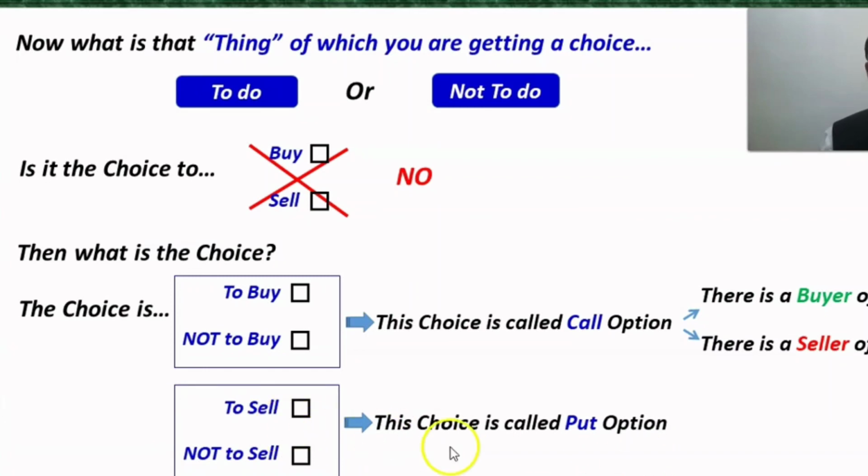And again, if this choice is being traded in the market, if a put is being traded in the market, then there has to be a buyer of this choice and a seller of this choice, isn't it? So you have a buyer for a call option and you have a seller for a call option. And similarly, you have a buyer for a put option and you have a seller for a put option.